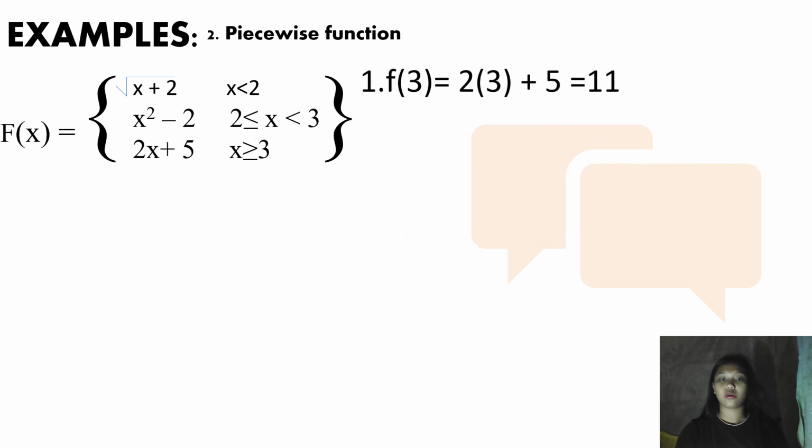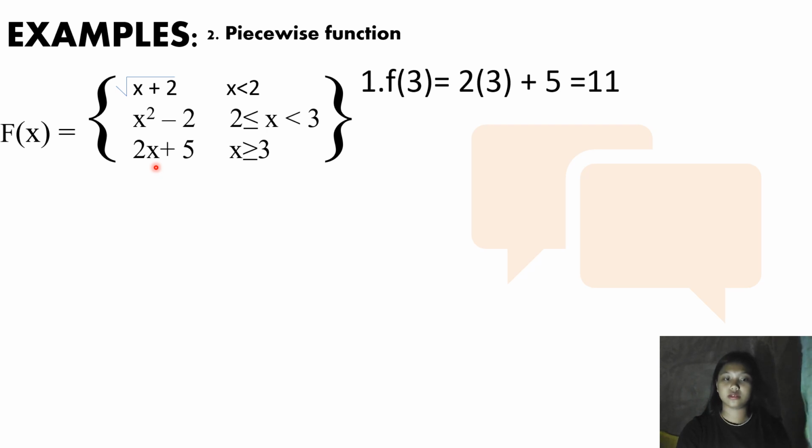Now, we should identify f of 3, or x is equal to 3. Here, the first thing we do again is to find which function we will use. The function we will use is the third function in our piecewise function, because x is greater than or equal to 3, which is the most appropriate function.